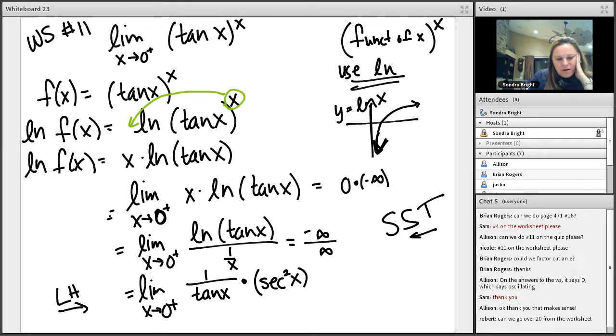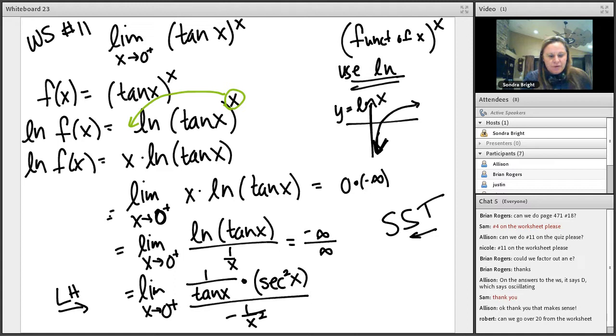And then over the derivative of 1 over x, which would be a negative 1 over x squared. All right, so before I start plugging in any zeros and going cray-cray, I'm going to simplify this. You don't want fractions within fractions. You want to simplify the fractions and then try plugging in that limit.